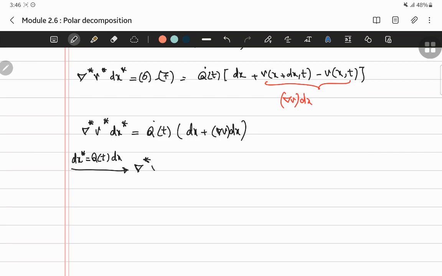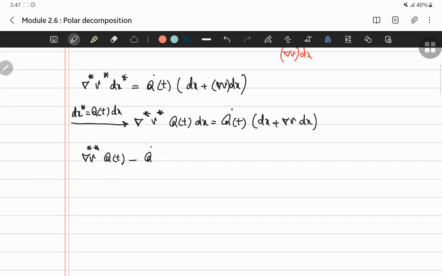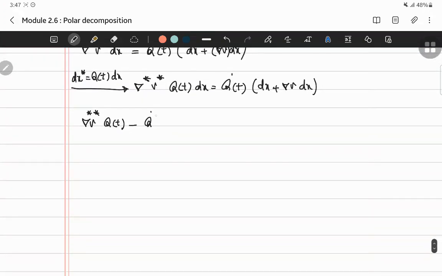So I have del star v star Q(t) dx is equal to Q dot t dx plus del v dx. So if I move everything to the left hand side and factor out dx, I have Q(t) minus Q dot, sorry, is this Q dot? Yes, Q dot, let me check.